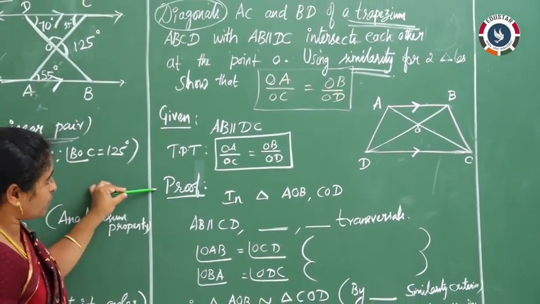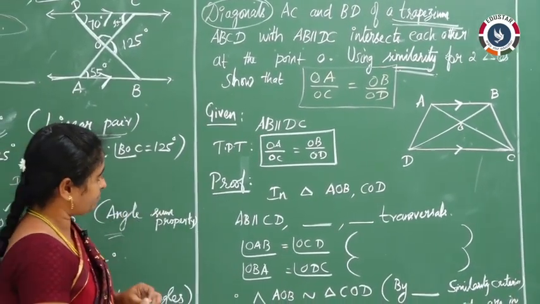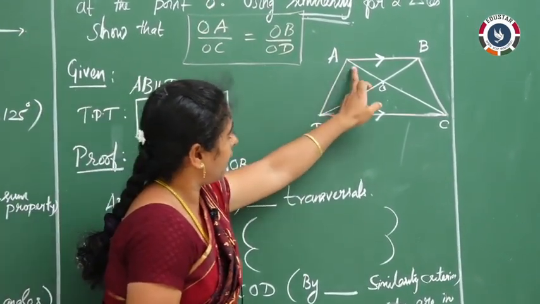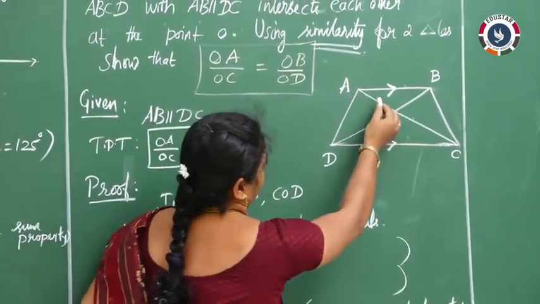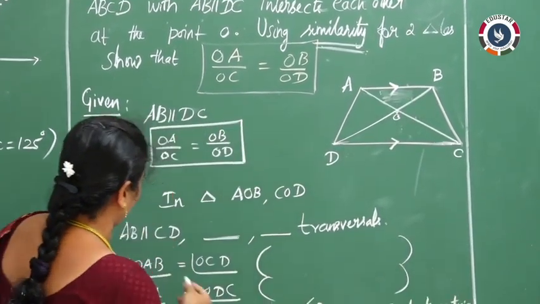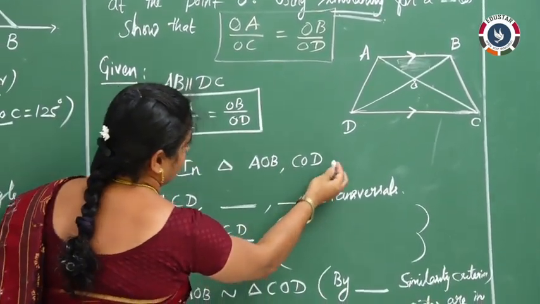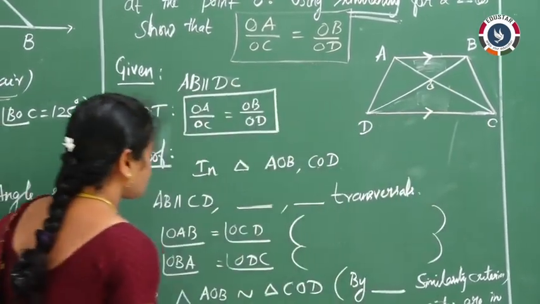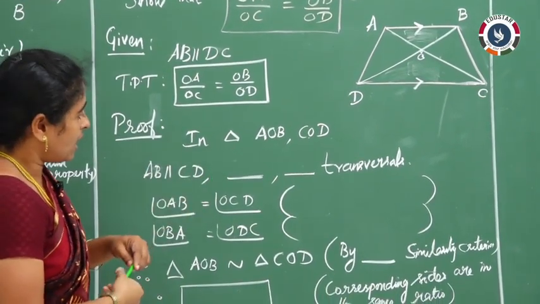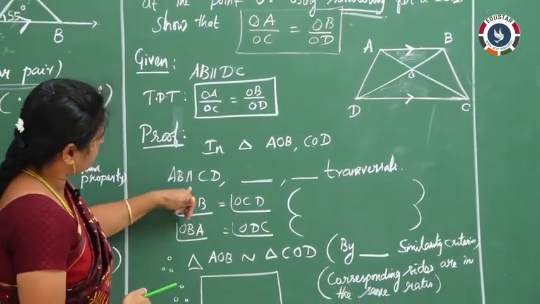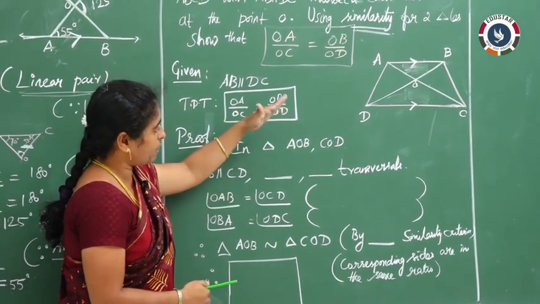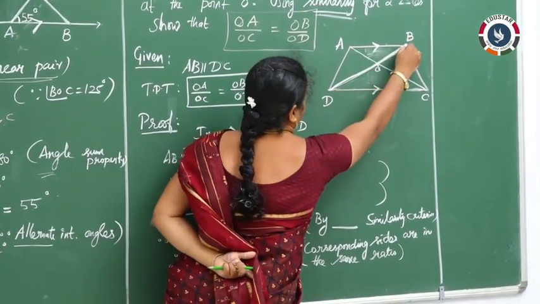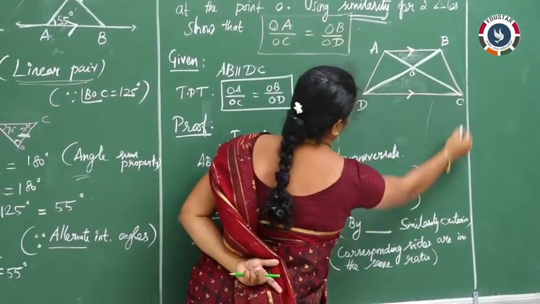Next, how do we prove it? In triangle AOB and in triangle COD, in those 2 triangles we are going to use the concept of AB parallel to CD. It is already given. Then which is the transversal here? In this case DB is the transversal as well as AC is the transversal.